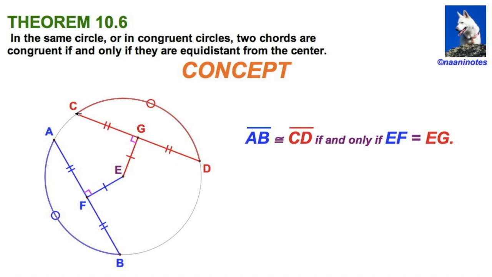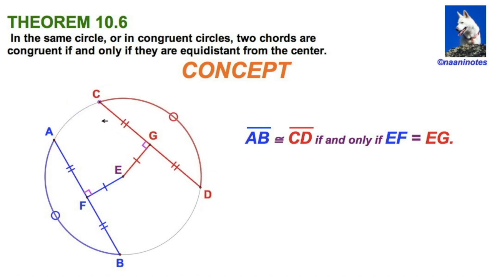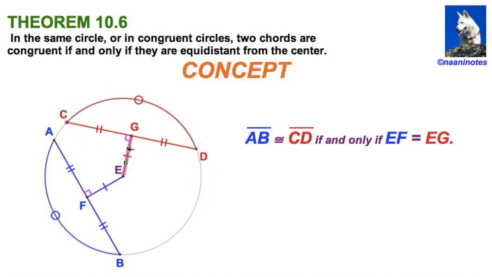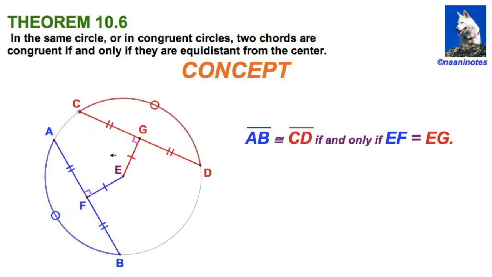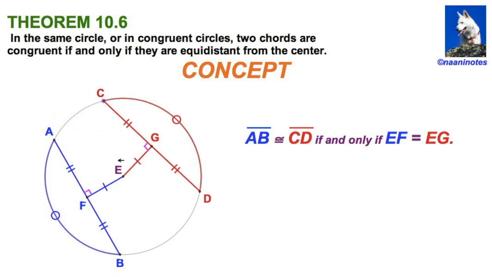And conversely, if those two chords are the same, then this distance are the same. We can demonstrate that very easily in a single circle by rotating like this. See, they can overlap. Look at this when they become one. It's not a proof, it's a little bit of a demonstration, but you can see that it must be true.